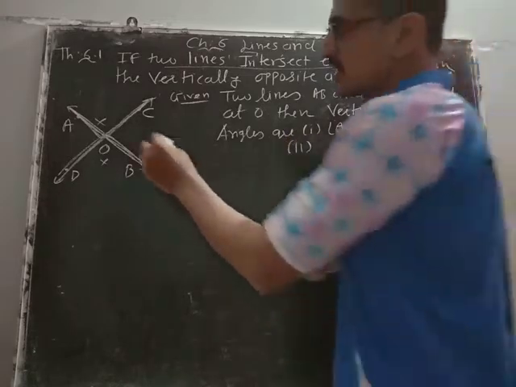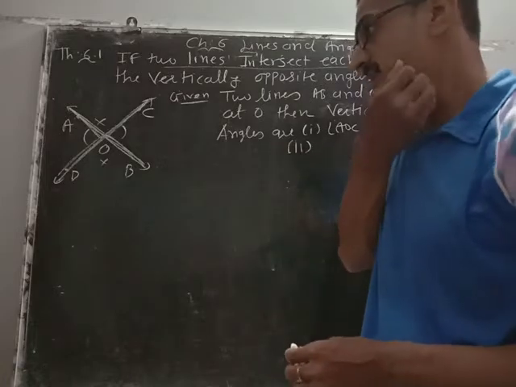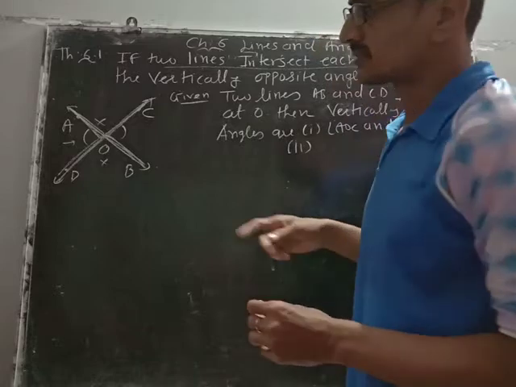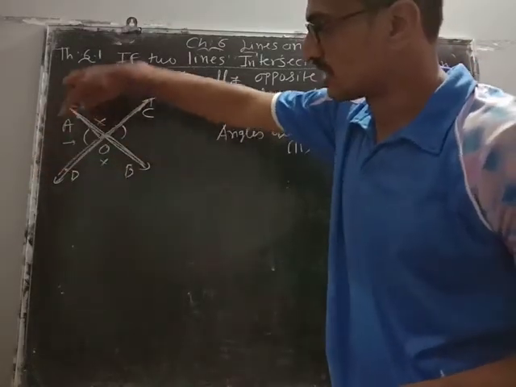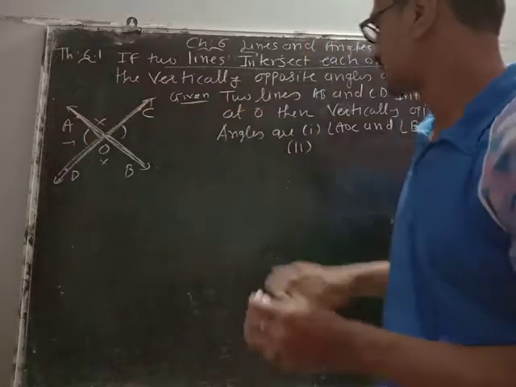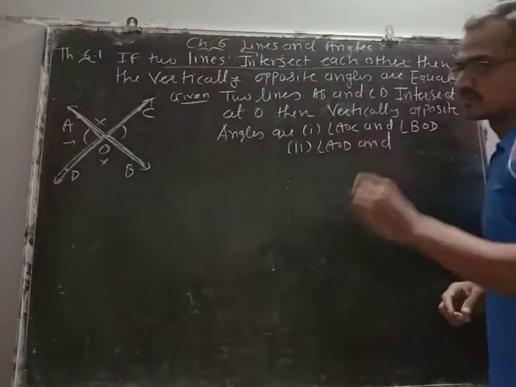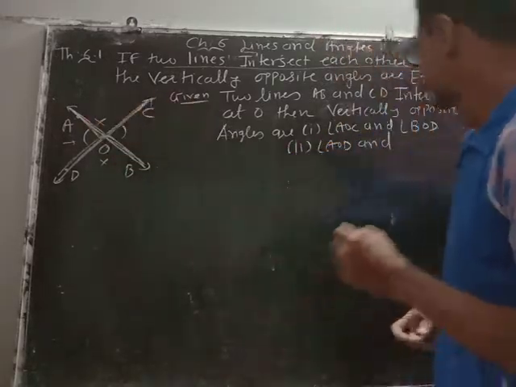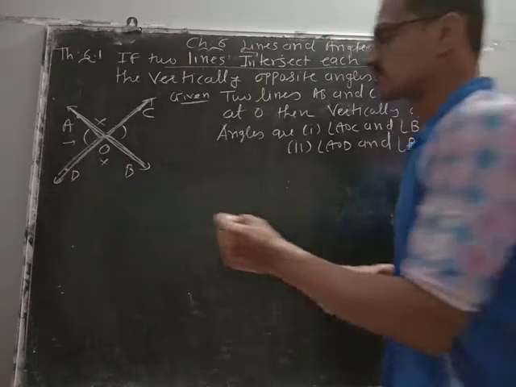Second, these two are also vertically opposite angles. What is the name of this angle? Left hand side, which angle is formed? This one. So name of that angle AOD. Right hand side this one BOC. So what do you want to prove?